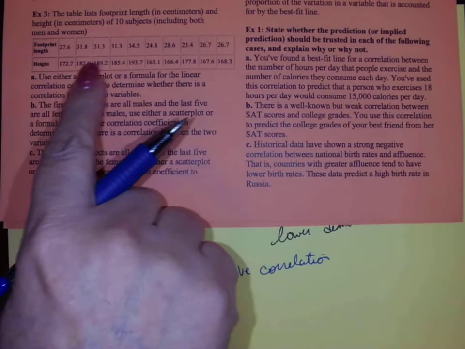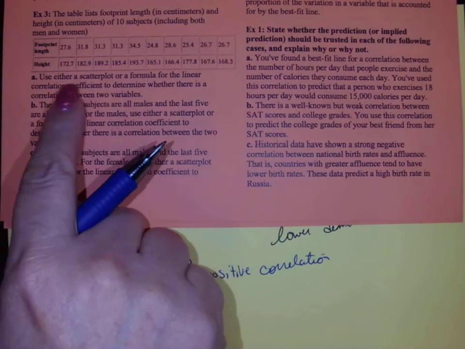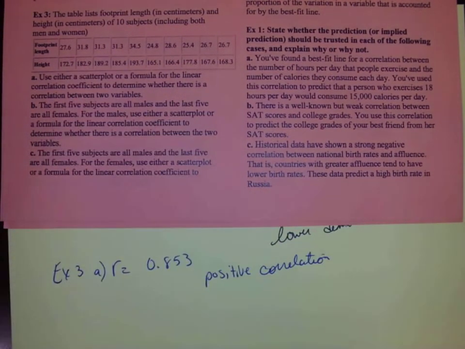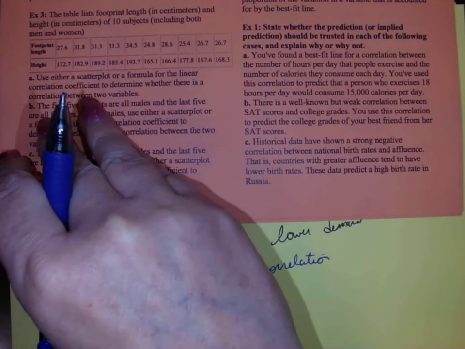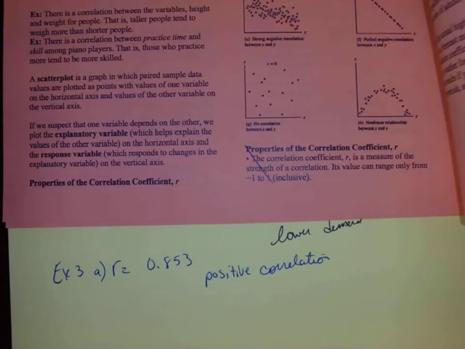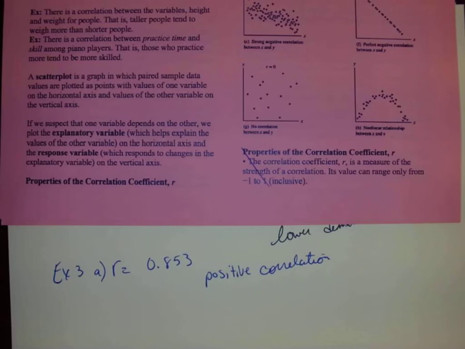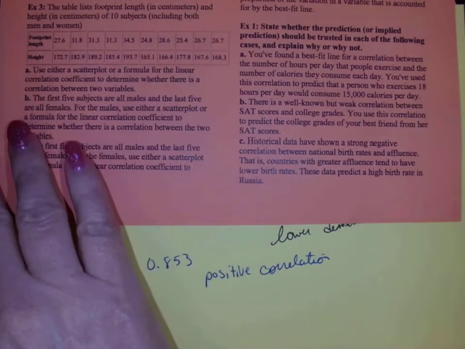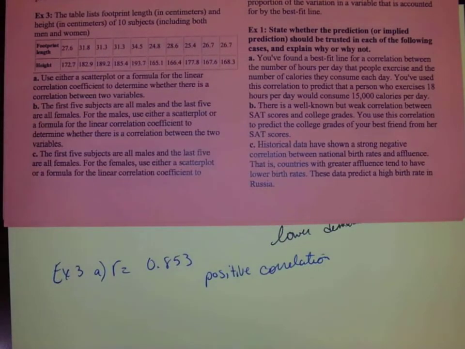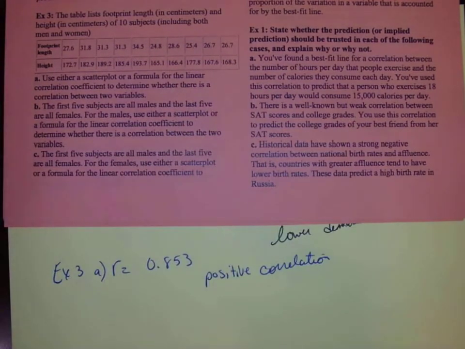You go over to the top left 3-line thing, click on it, and go down to statistics linear regression, and it'll let you plug all the numbers in and see it.